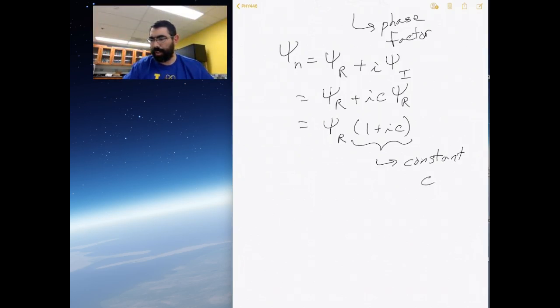So I'm just going to relabel that C tilde. That means the wave function, the original one I started the problem with, I can rewrite as C tilde, a constant, times a real function. So in the end, I can solve this problem with a complex wave function or a real wave function.